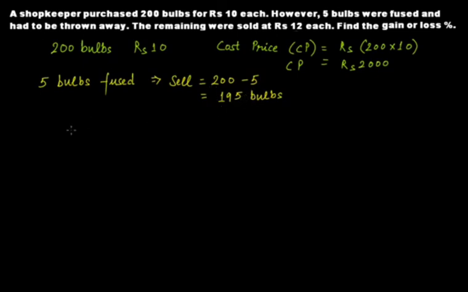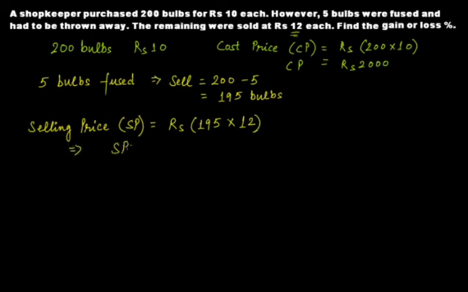Now the selling price of these 195 bulbs will be rupees 195 times 12, since you are selling at rupees 12 each, and when you solve it you get the selling price as rupees 2340.